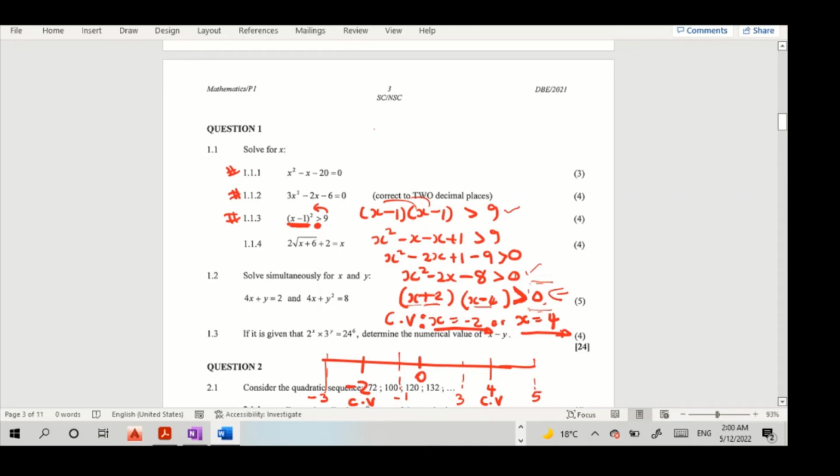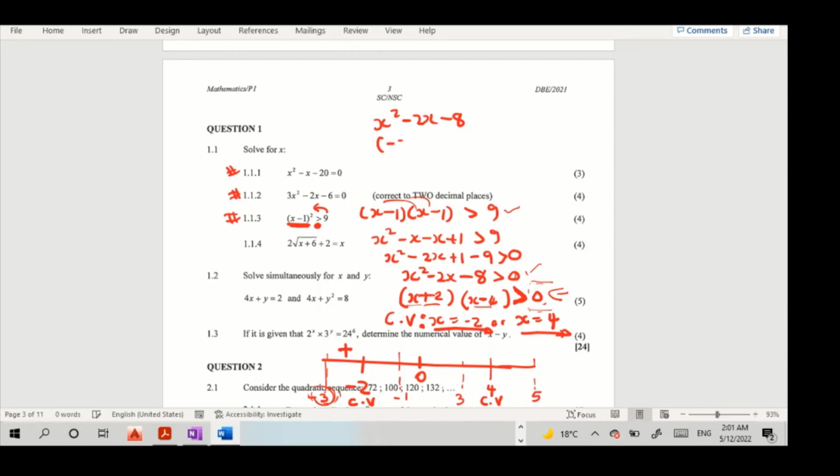So when you test any value that is less than minus 2, which is your critical value, you will get a sign of positive, right? And then how do you test? Someone can ask. So what you do is you have x squared minus 2x minus 8, and you're testing this minus 3. Any value that is less than your minus 2, you put it in here.